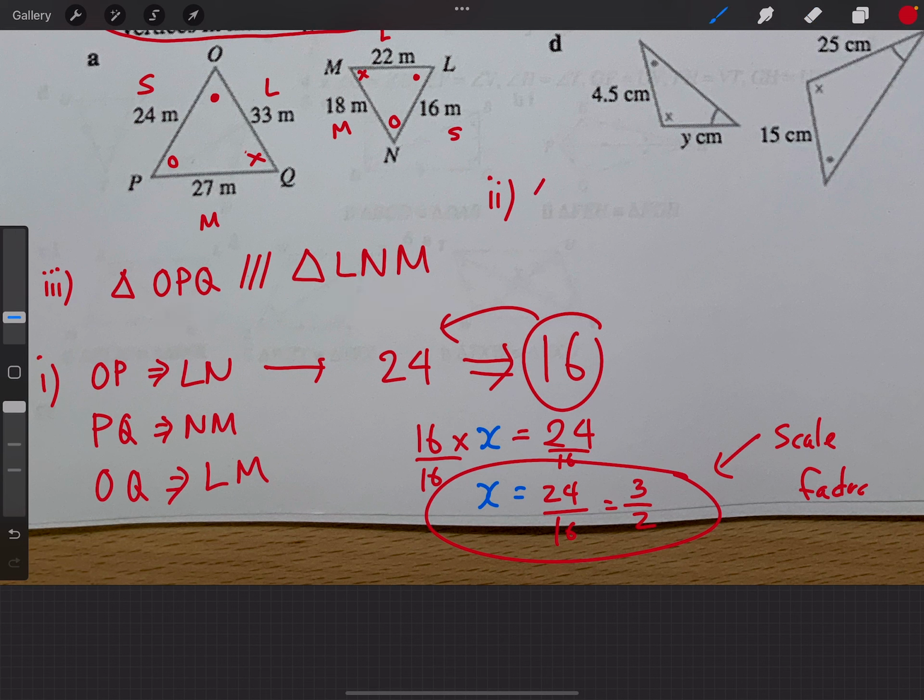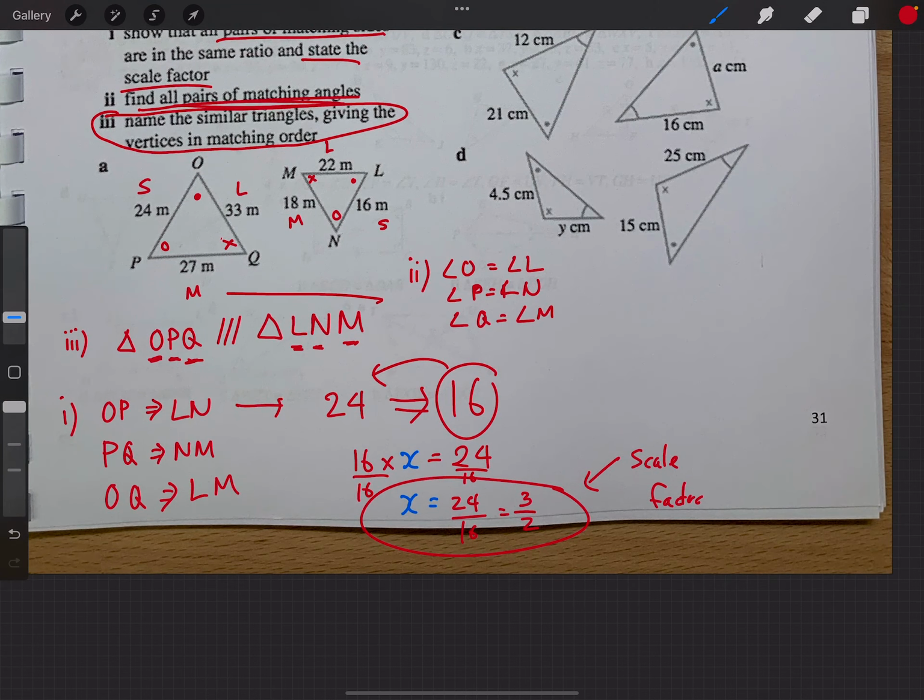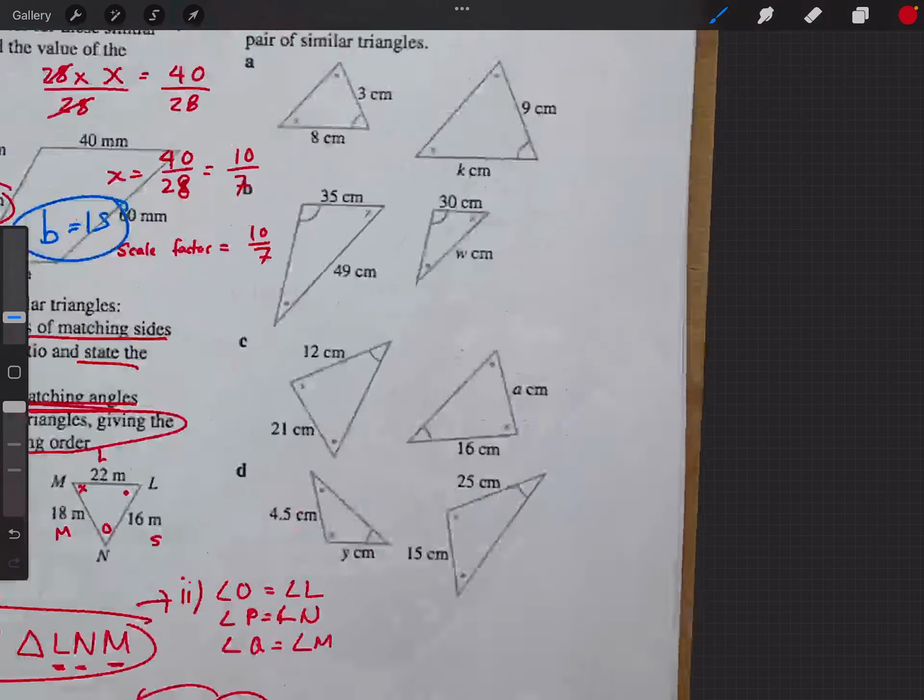I could say angle O is equal to angle L. Angle P is equal to angle N. And angle Q is equal to angle M, as you can see there. So once you have this expression correctly written out, you can find out the matching sides and the matching angles very easily. That's why I did that first.